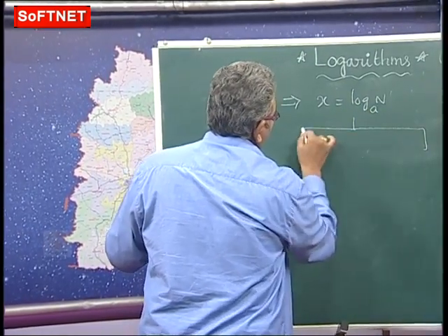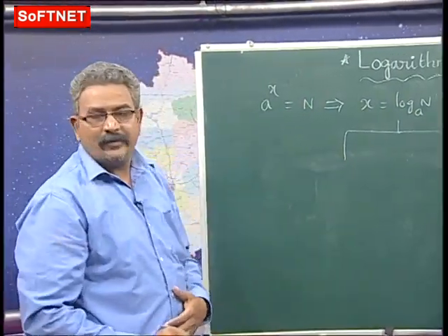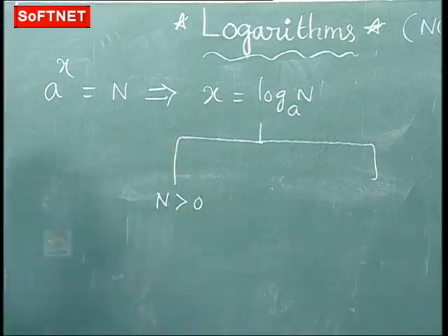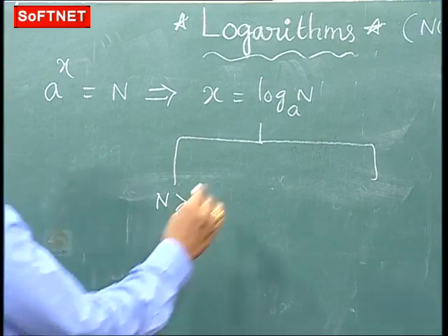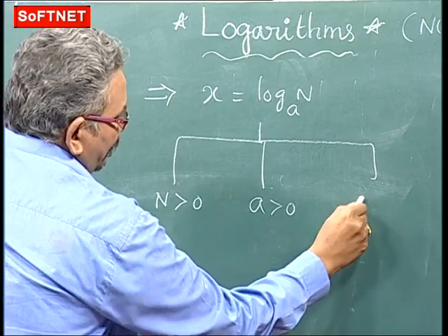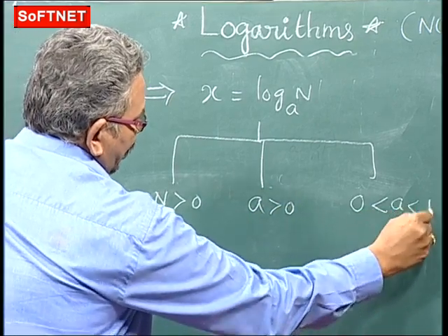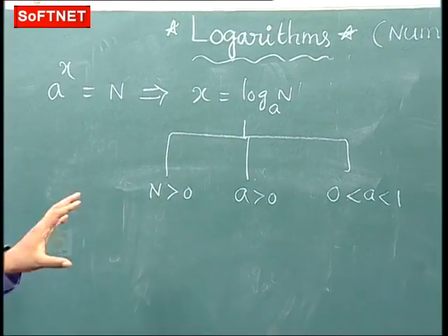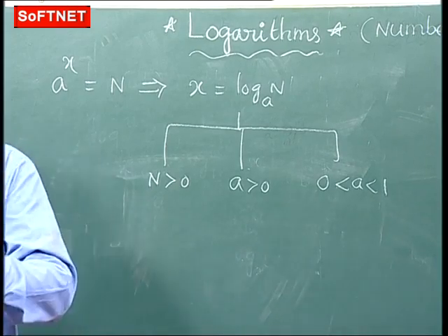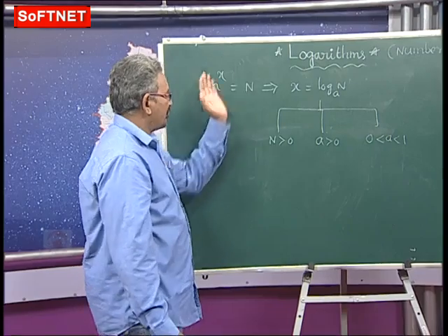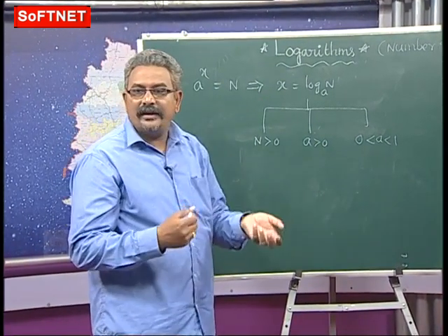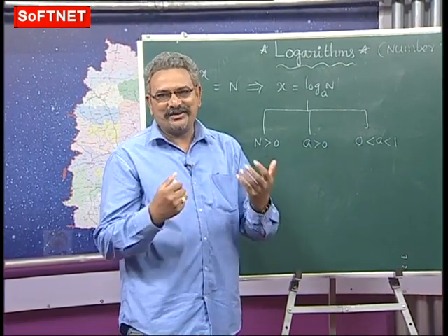Here n must be greater than 0, a positive number, and the base a must be greater than 0 and not equal to 1, that is, a in (0,1) or greater than 1. These conditions are to be followed to define a logarithmic function from an exponential function. That means logarithmic functions are defined for positive numbers only.